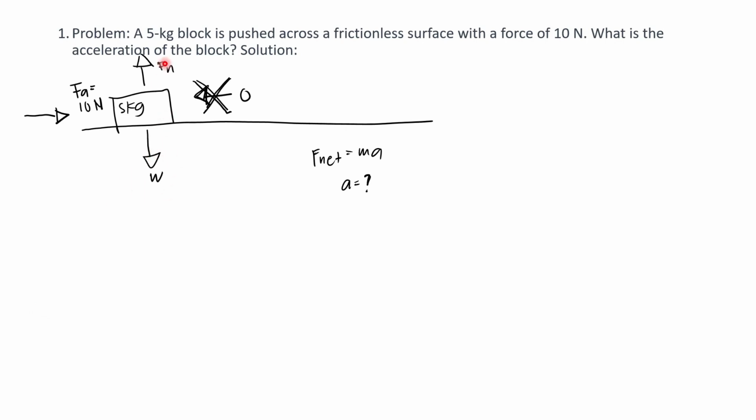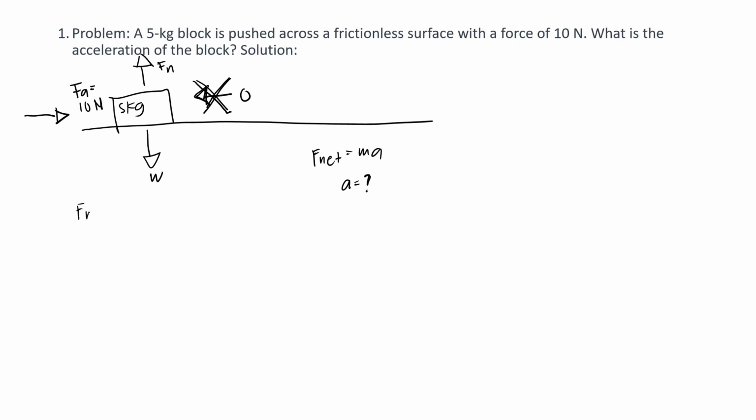The weight, guys, and the normal force have the same value. But the normal force is positive while the weight is negative. So in adding these two, their sum is still zero, guys. So our formula for net force is FA minus frictional force, guys, no? So let's solve for net force.